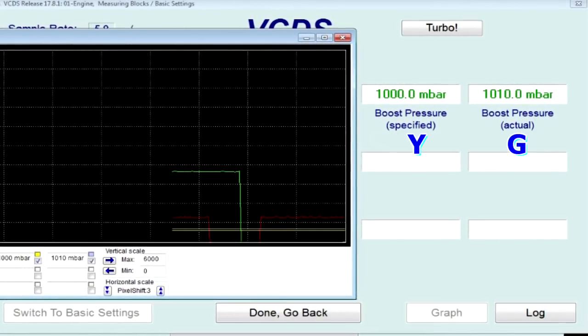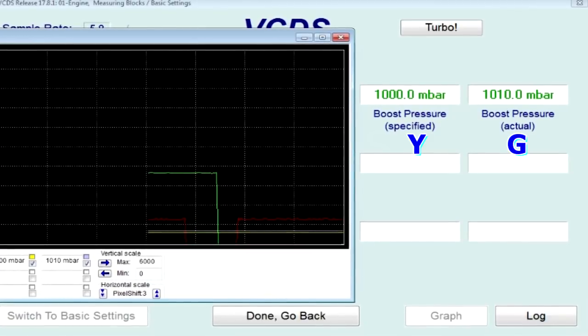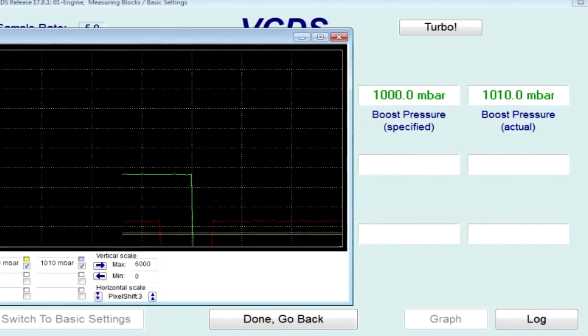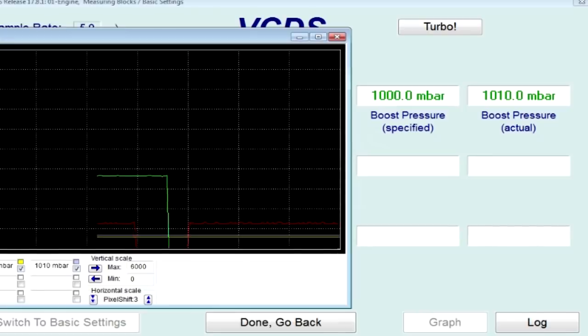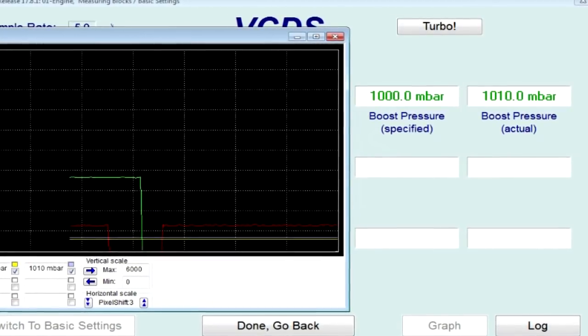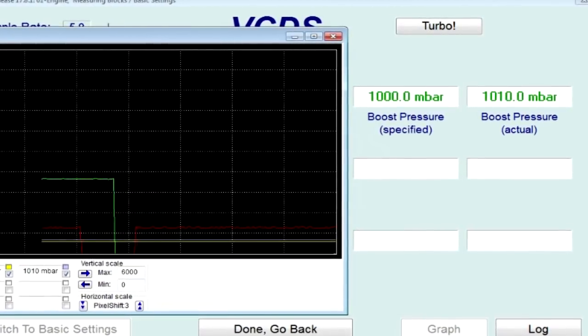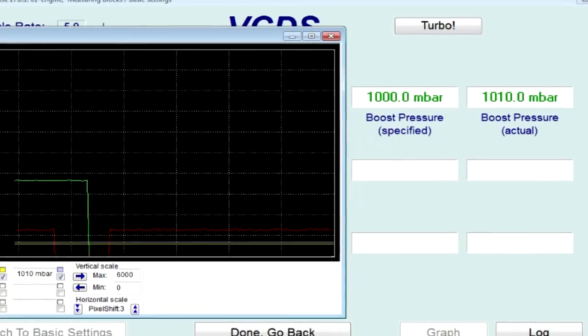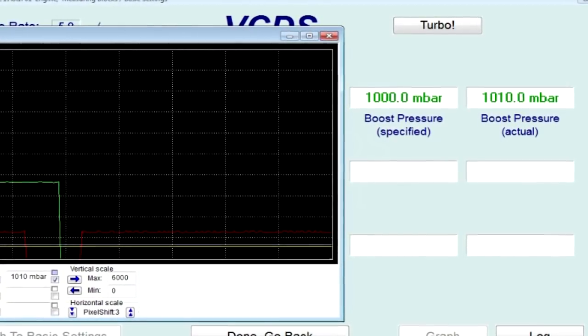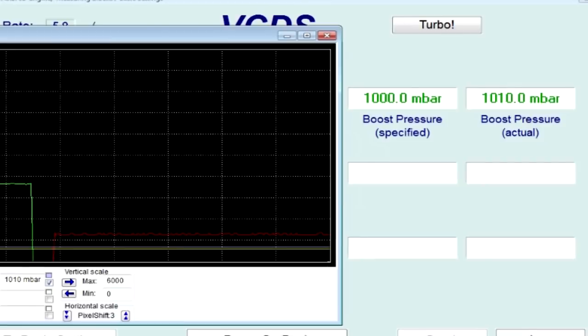Specified being the yellow, so that should be the smooth graph, and the gray graph should be the erratic one, the one that's being built, or is the actual. So we'll see. I'm just going to go around the block and see what happens.